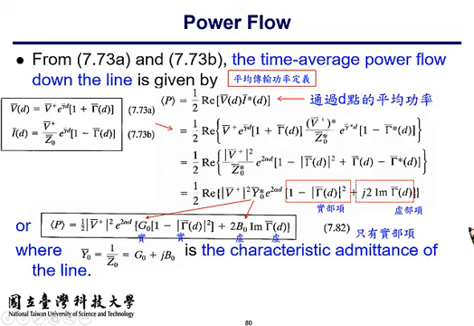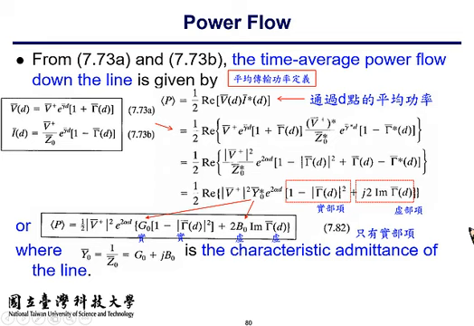Let's look into the signal on the transmission line from the perspective of power. So here is, what is this? P with a bar. Well, I don't know how to describe that. What is the significance of this sign? Time average.